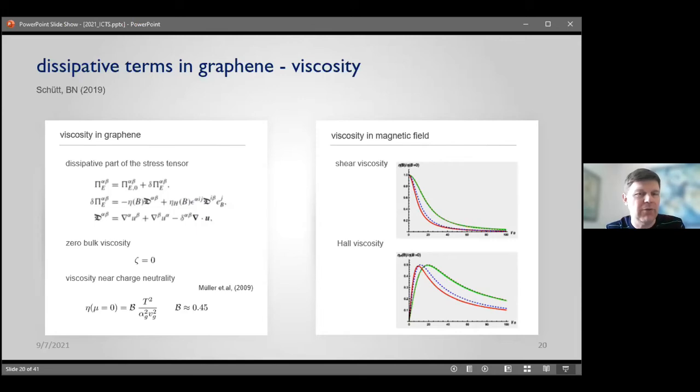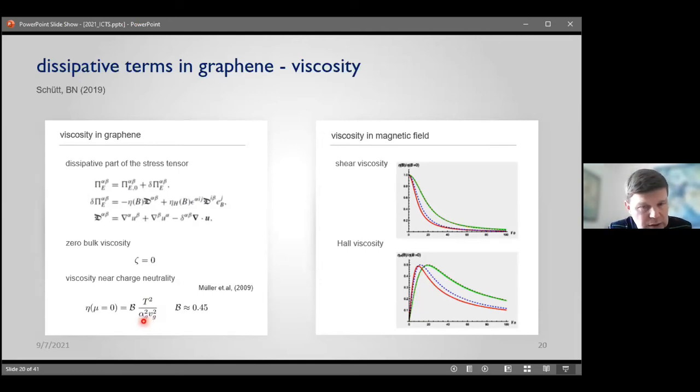In the absence of magnetic field, the Hall viscosity obviously is 0, and the shear viscosity at charge neutrality in the absence of magnetic field is also given by some universal-like expression, right? That can also be calculated in terms of this kinetic theory.